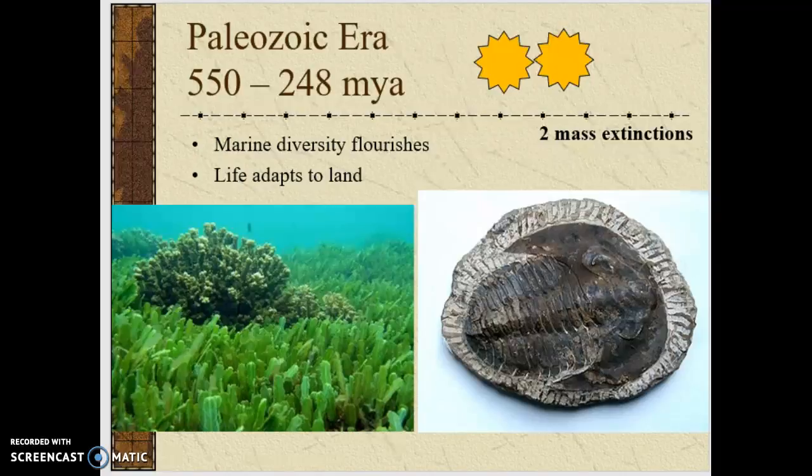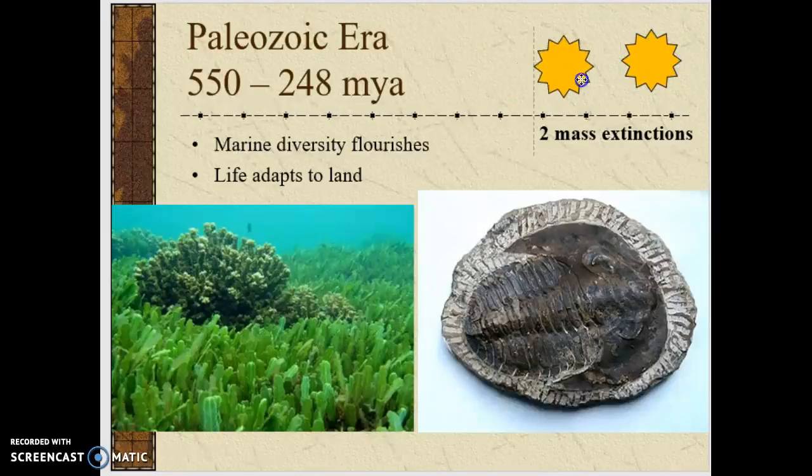Diversity flourishes, and life adapts to land. Land-based life first appears during the Paleozoic. Now, two major events occurred that we want to note. Those are big yellow symbols up there. Two major events occurred during the Paleozoic, and these were mass extinctions.